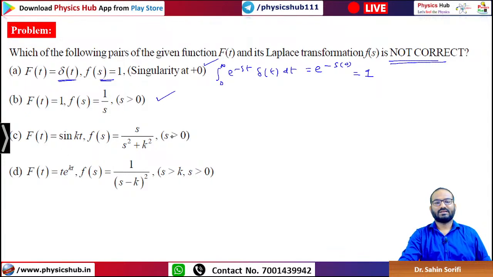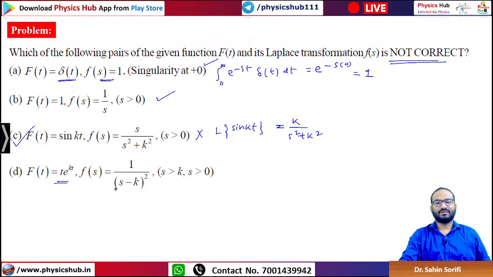Laplace transform of sin kt is k by s square plus k square, but it is giving you s by s square plus k square. This is the incorrect statement, the correct option.